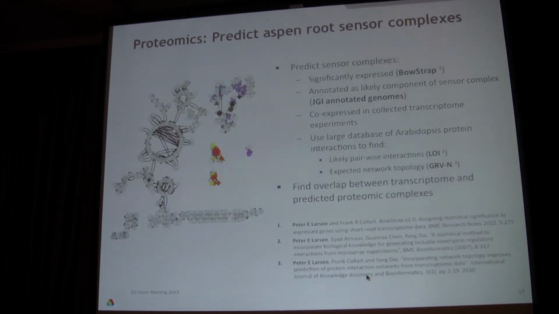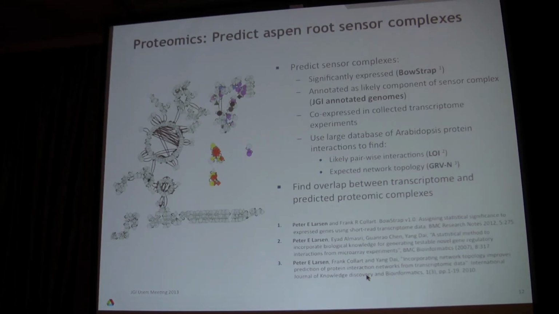For proteomics, so far as I know, there is not currently available a large database of Aspen biologically, experimentally confirmed protein-protein interactions. So to identify potential protein complexes in this set, we first extract those genes that are statistically significantly expressed in our biological experiment.